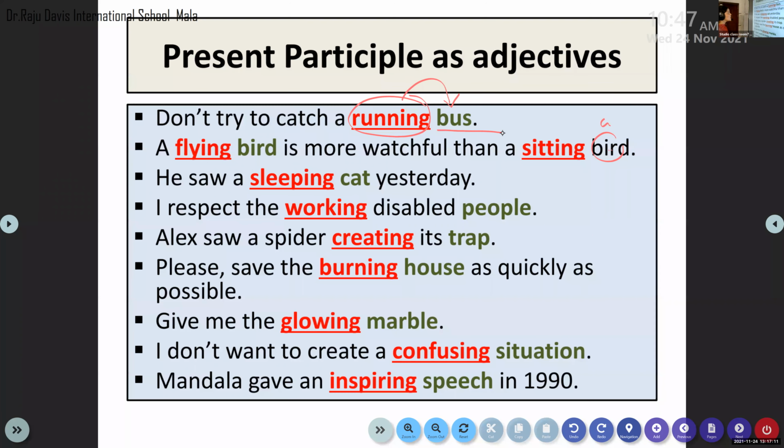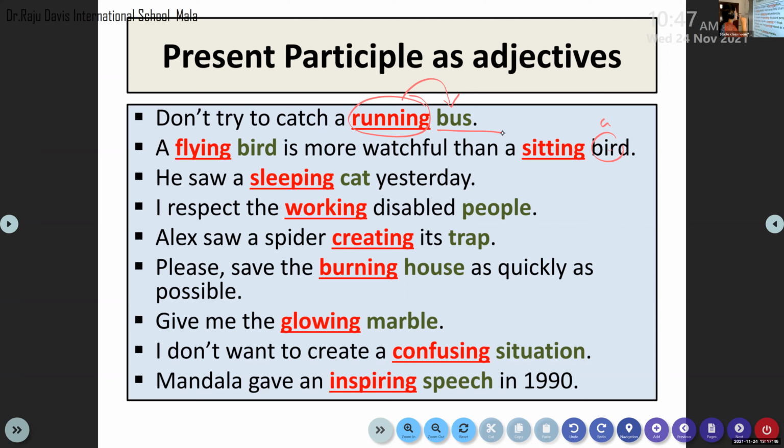Don't try to catch a running bus. Don't try to catch a running train. Okay, so running bus, it is a moving bus, right? Moving train, right? A flying bird is more watchful than a sitting bird. A sitting bird is safe. But watchful in the sense that while flying, if he wants to eat something, he should be more watchful, and he might get attacked by other predators, isn't it?